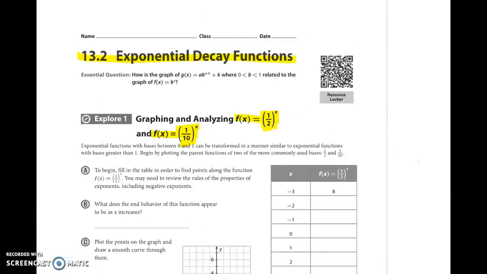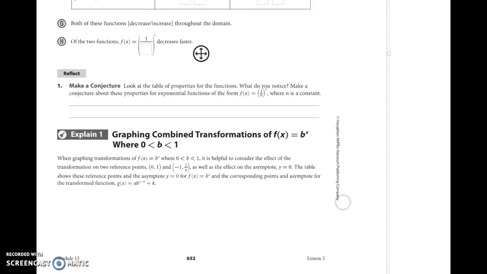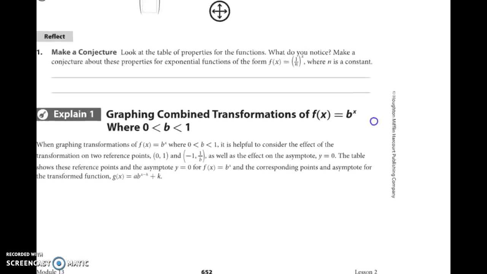Okay, so now that we've seen what the two graphs are going to look like, we are going to go to page 652, and we're going to go over Explain 1.